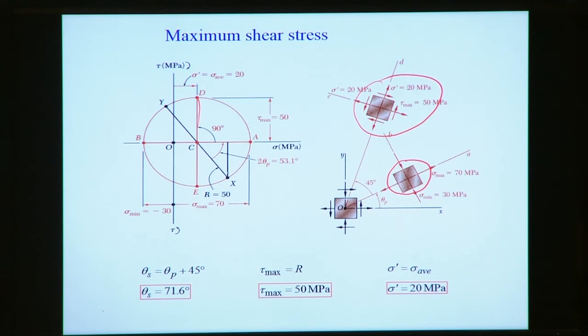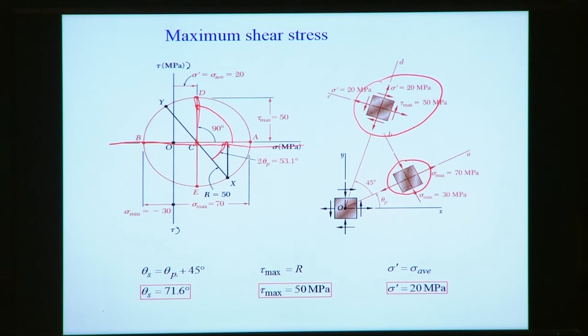megapascal. Since x and y were defined at the initial stress state, along the direction 2 theta p, along this axis, we represent the maximum principal stress value, and a further 45 degree offset, that means 45 times 2, 90 degrees, at this point D actually represents the maximum shear stress value.